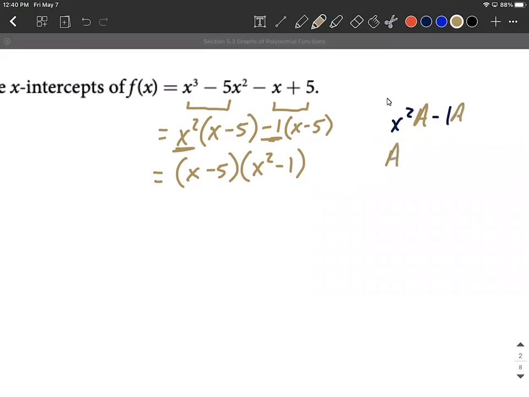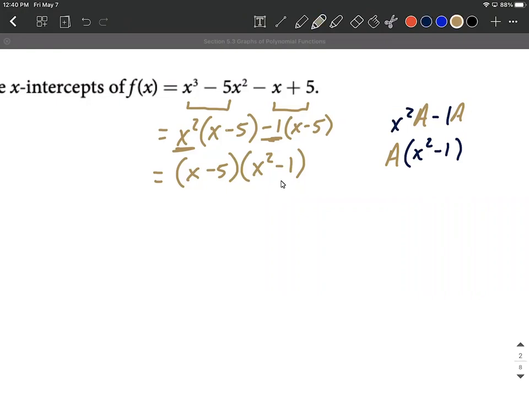You could say that's a common factor. And what's going to go inside if we factor out an a is going to be x squared minus 1. It's pretty similar to what's happening over here, where the x minus 5 takes a's place and the x squared minus 1 is like what's hanging out in front. So it's a little bit difficult. It takes practice to get really comfortable with these, but you'll get it with a little bit of practice.